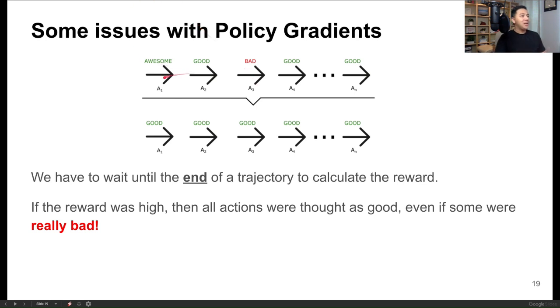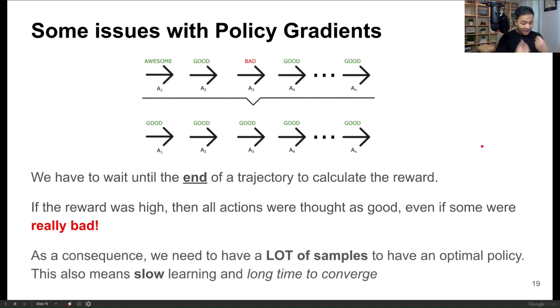So for example, if the outcome of this is good, you would think every action here is good, but this one is actually bad, right? So there are some issues there. And as a consequence, you have to have lots and lots of training examples to have an optimal policy.